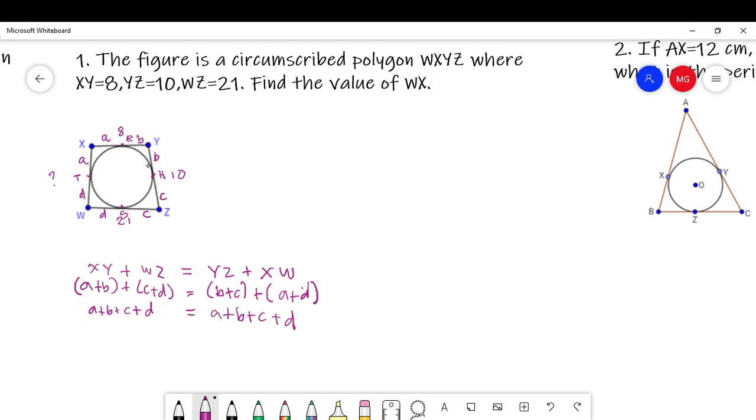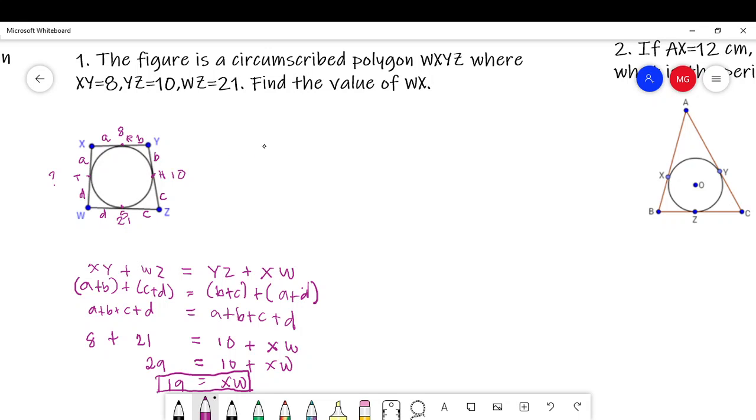So 8 plus 21 is equal to 10 plus XW. Combining 8 plus 21 is 29. Therefore, 29 equals 10 plus XW, where XW would be equal to 19. This is how long XW is.